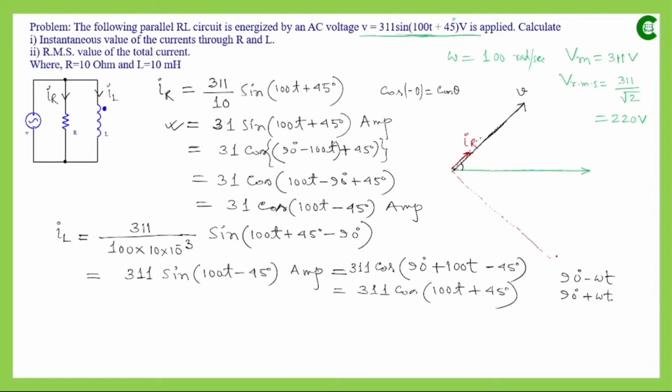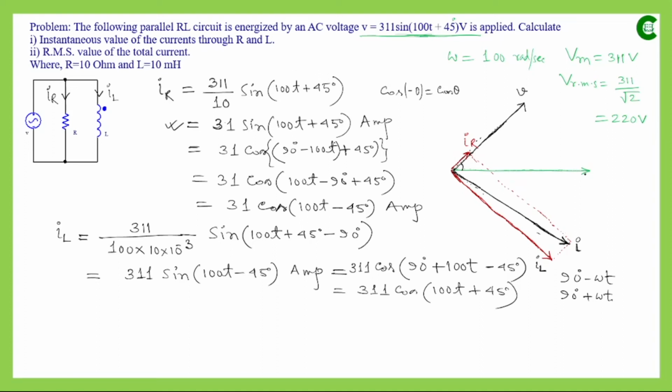Value wise, the value of IL is almost 10 times IR, but in the phasor diagram I cannot accommodate that, so just roughly this is IL. This will be the phasor of IL, and this will be the resultant of this parallelogram. That means this is the phasor of our net or total current, which is I.